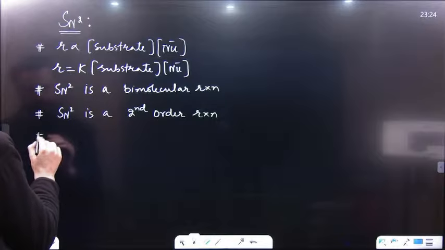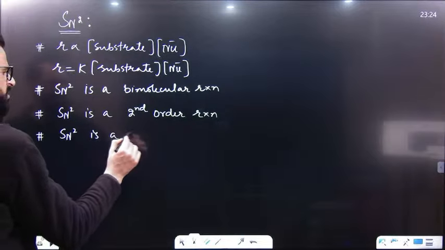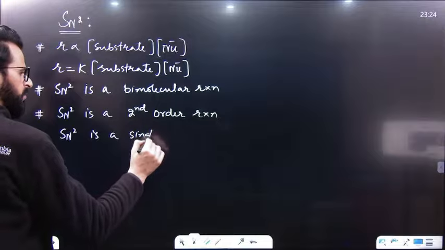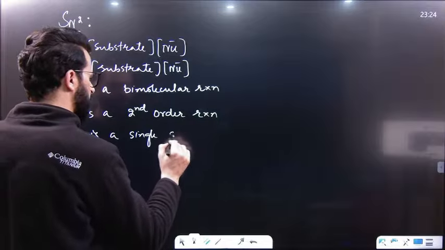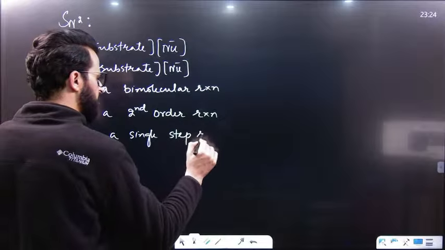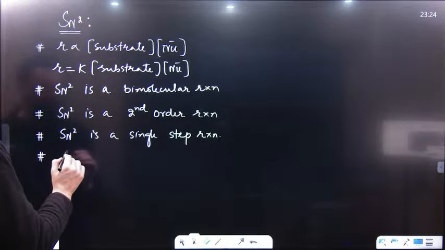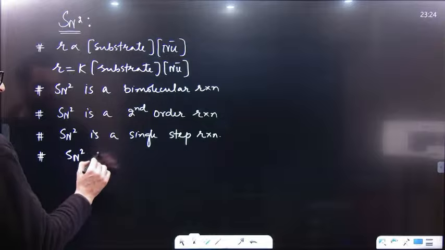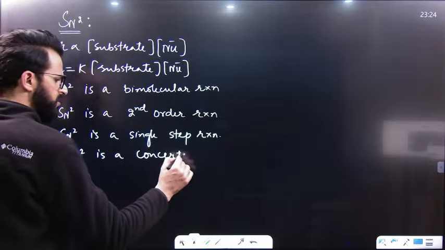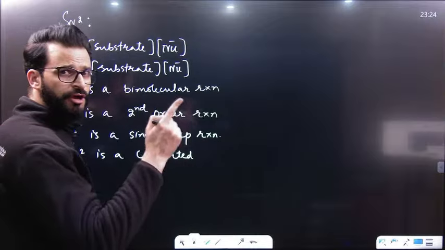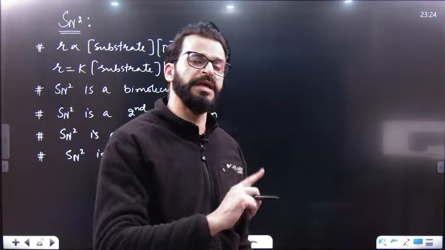After that, SN2 is a single step reaction. Remember these points, I will show examples as well. Then SN2 is a concerted reaction. Concerted means formation of a bond and breaking of a bond takes place simultaneously.